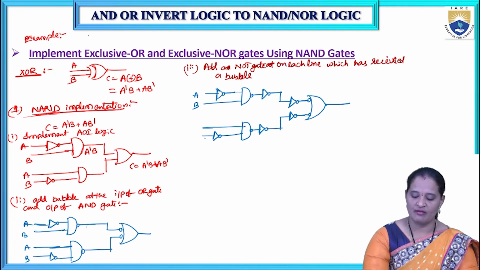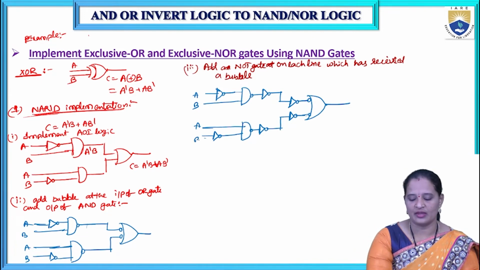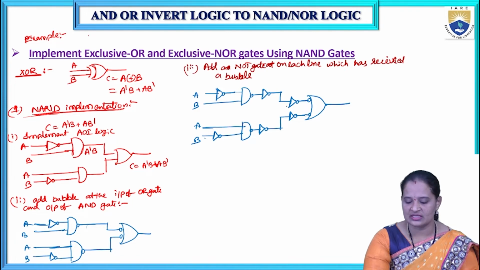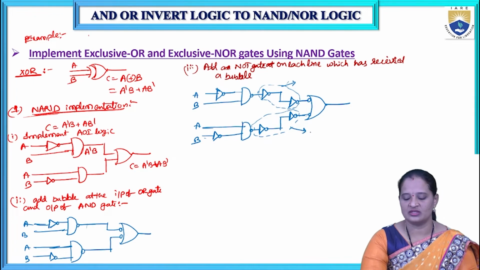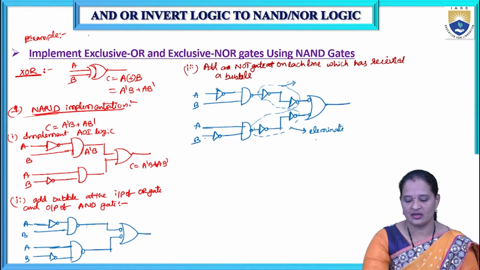So now this is a single line which has received two inverters. So eliminate double inversion. Even this single line received two inverters, so eliminate double inversion.